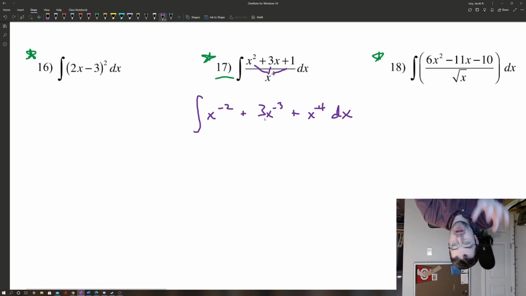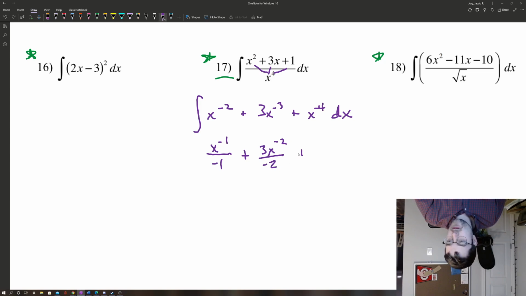So by integrating these, we're going to end up with x to the negative 1 divided by negative 1 plus 3x to the negative 2 divided by negative 2 plus x to the negative 3 divided by negative 3.